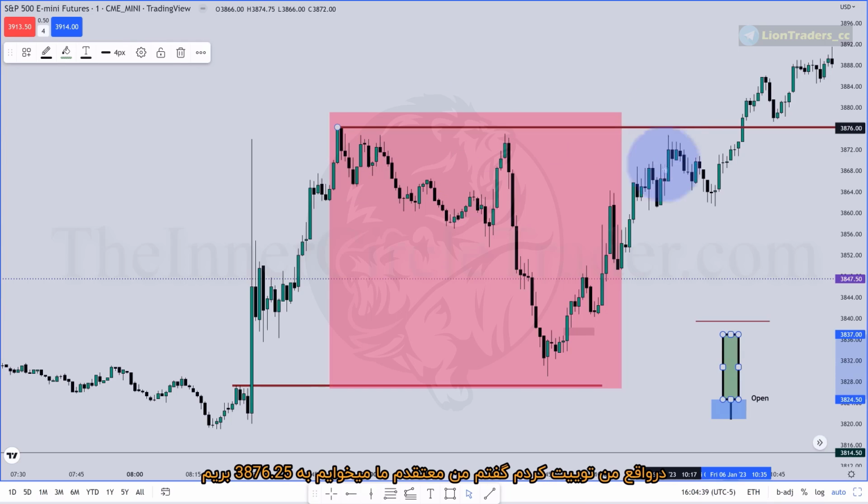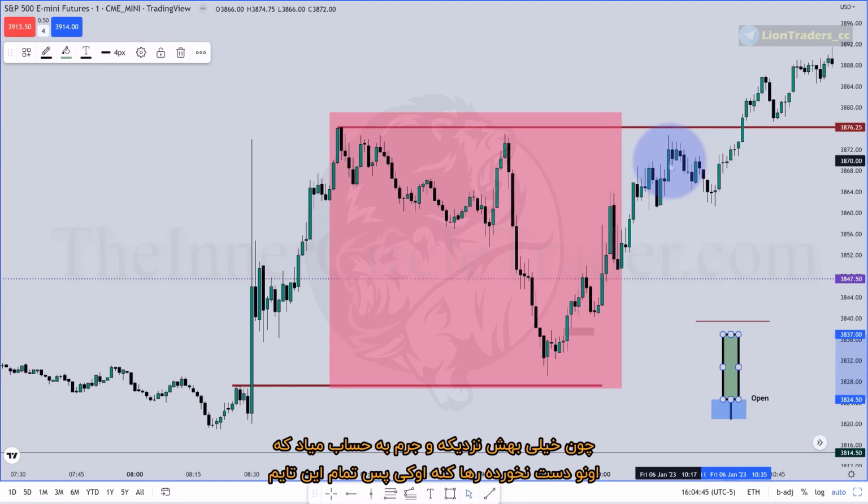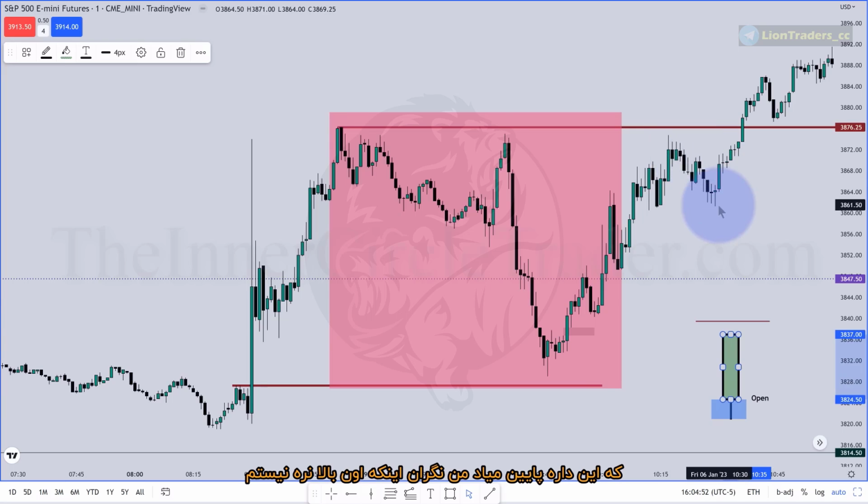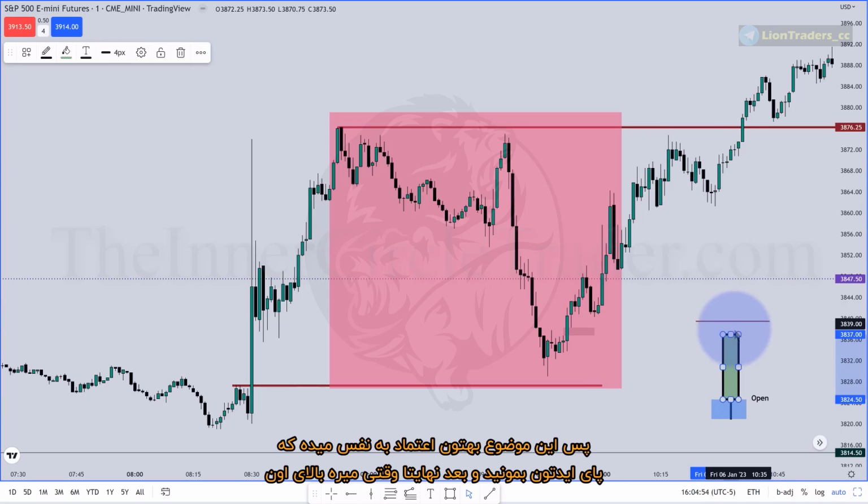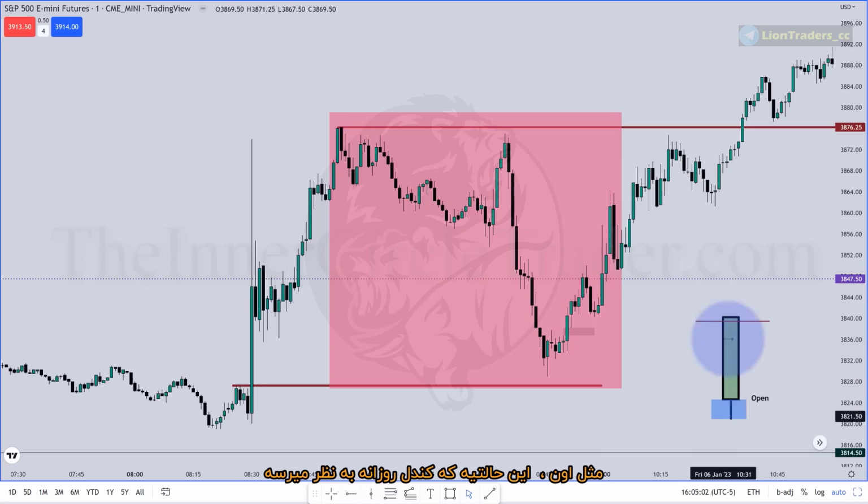And I actually tweeted also, I said, I do believe we're going to go to 38.76.25 because it's so close it would be criminal to leave it intact. So all this time it's dropping down, I'm not worried about it not going up there. It gives you the confidence to stay with the idea. And then finally when it runs above it, like that, this is what the daily candle looks like.